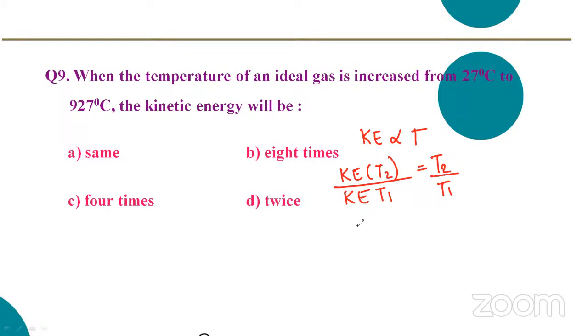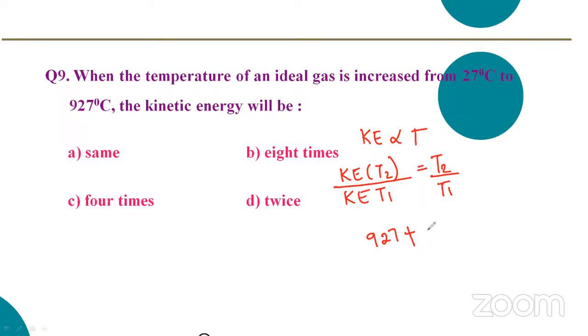Okay. So what is the kinetic energy? T2 is what? It is 927 plus 273, right? And T1 is 27 degrees Celsius, so 27 plus 273.